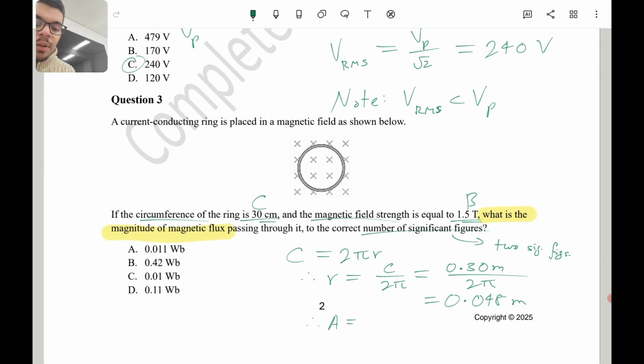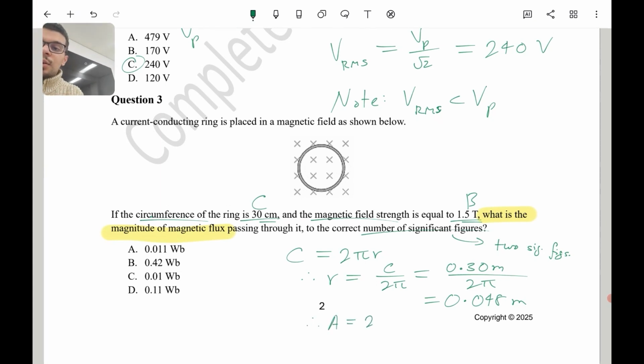And from here we can figure out the area. So therefore the area is going to be pi r squared. So we can plug in the numbers and we can obtain the area. So quite a few calculations in this question. And we will get 0.0072. Now this is just the area, guys.